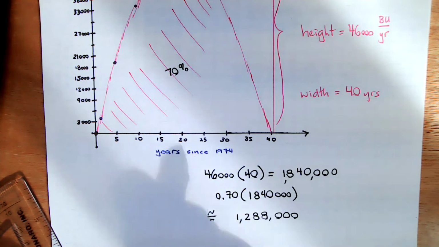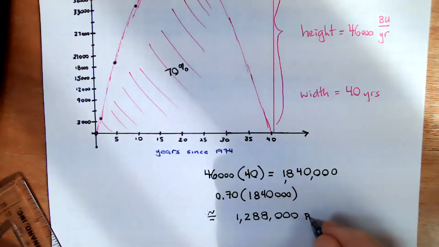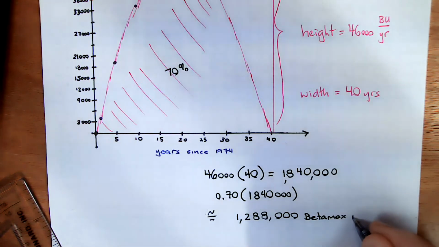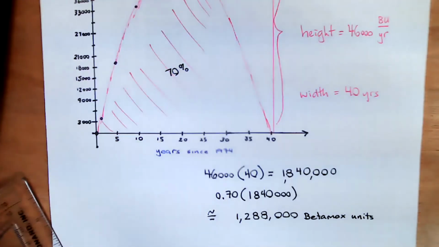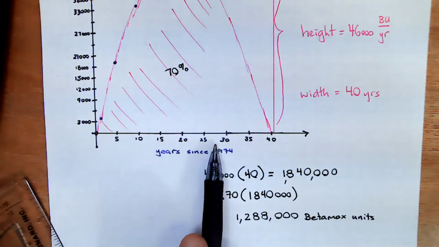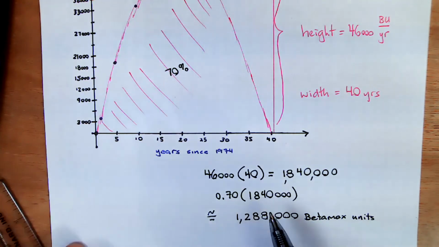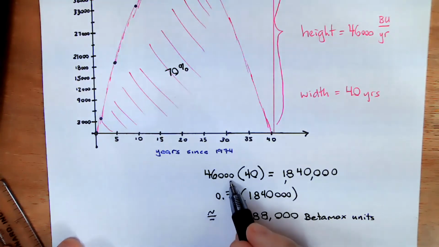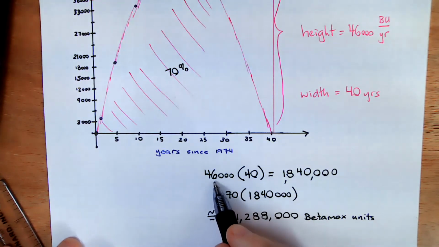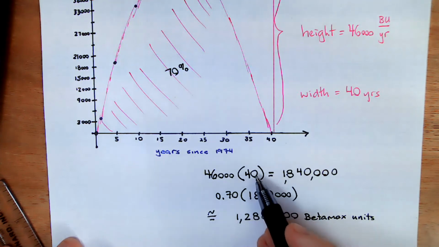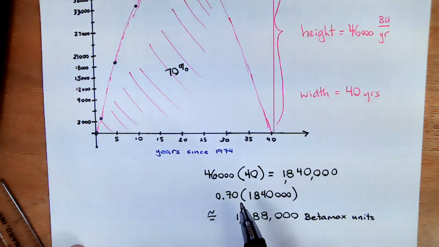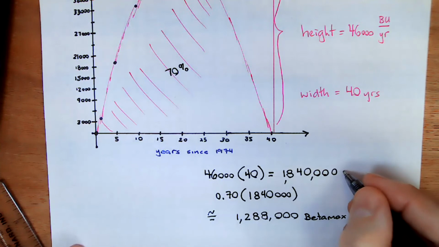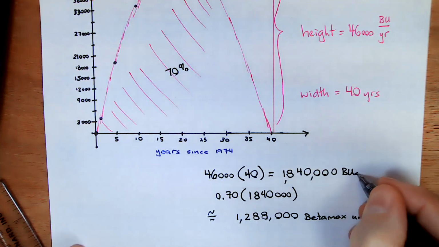And that approximates the total number of Betamax units that were sold in this 40-year period. So let's look at the units here. We multiplied 46,000 Betamax units per year times 40 years. So the years cancel and we got Betamax units.